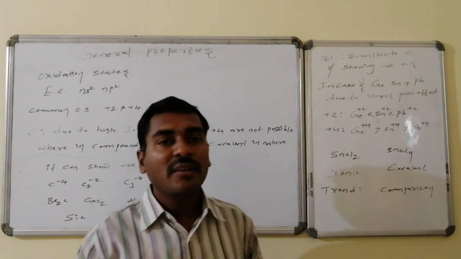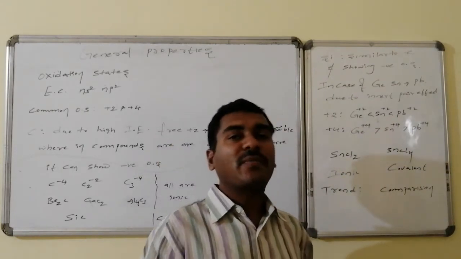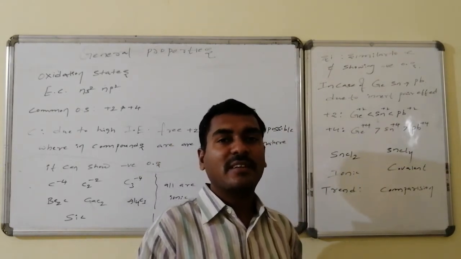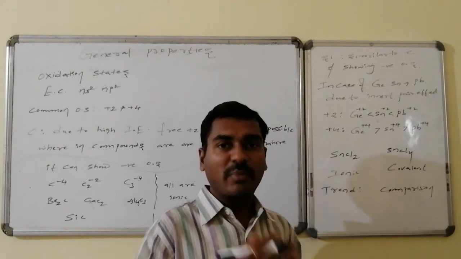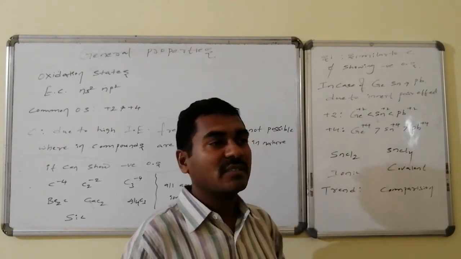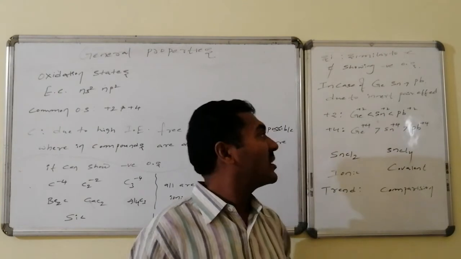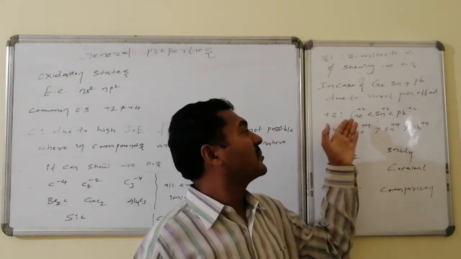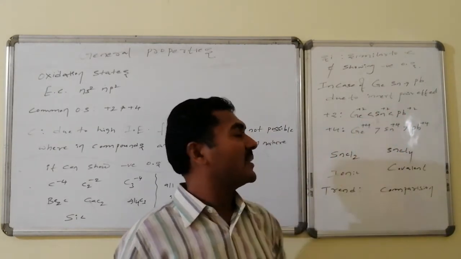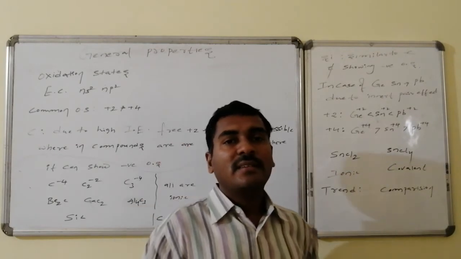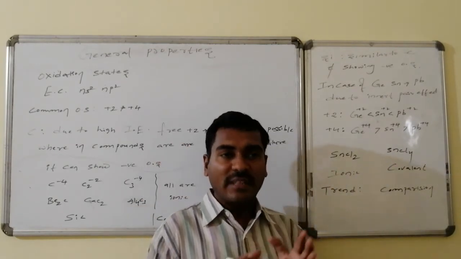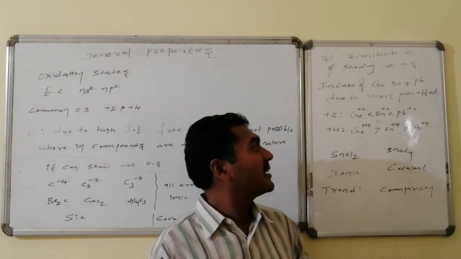Due to this inert pair effect, the non-participation of s electrons in chemical combination, only p electrons are involved, and the ability to show the +2 oxidation state increases from germanium to tin, tin to lead. Let us discuss tin compounds.